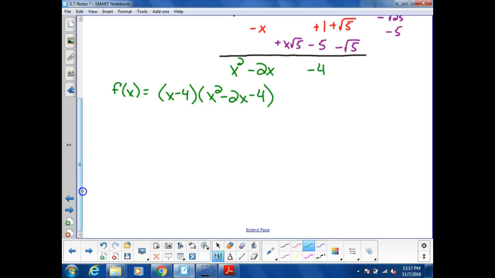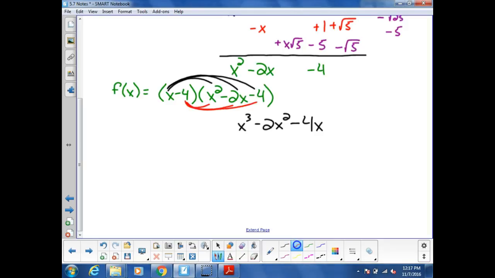Again, now we're going to go through. Multiply it by x. That gives me x cubed minus 2x squared minus 4x. Multiply by negative 4. That gives me negative 4x squared plus 8x plus 16.